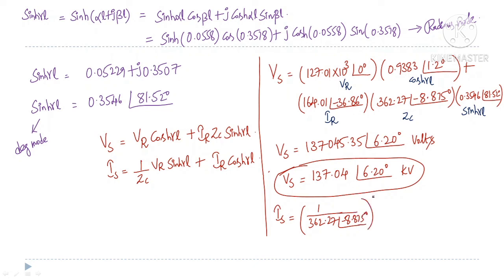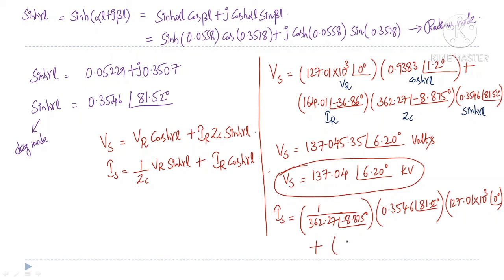This is the value of 1 by ZC into sinh γL. What is the sinh γL value? It is 0.3546 at an angle 81.52 degrees, multiplied with VR. What is the VR value? It is 127.01 into 10 cube at an angle 0 degrees, plus IR into cosh γL.